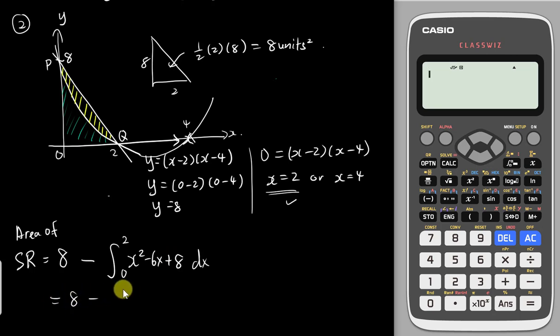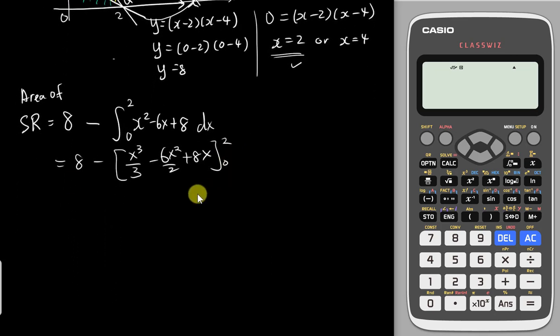When I integrate x squared, I get x cubed over 3, minus 6x squared over 2, plus 8x, and then this is 0 to 2. Then I will plug in my number, which is I sub the 2 into here. Of course, you can use the calculator to do this kind of question really fast, because this is 0, so it should be easy.